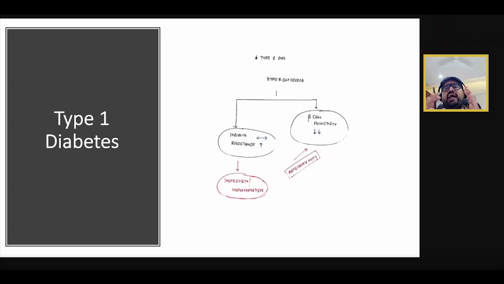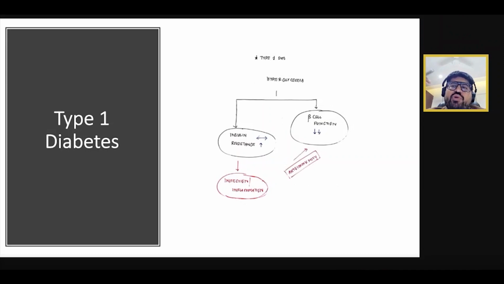So what happens in type 1 diabetes? Type 1 diabetes is a classical example of beta cell dysfunction. It's in fact not the most classical form. The most classical form of beta cell dysfunction would be when I completely remove the pancreas: no pancreas, no beta cell, no insulin.